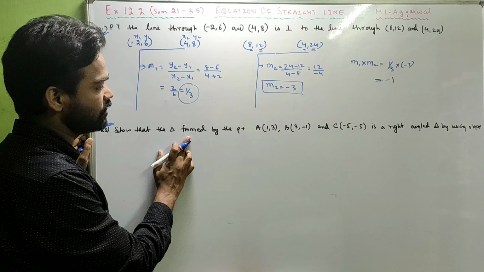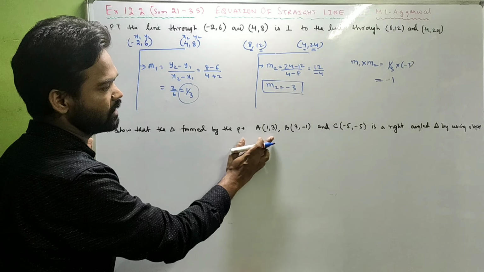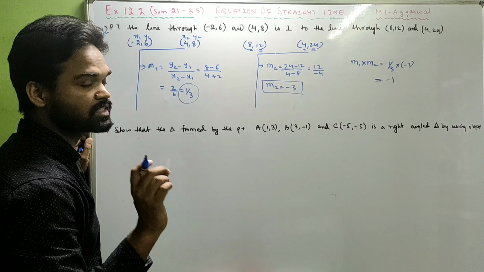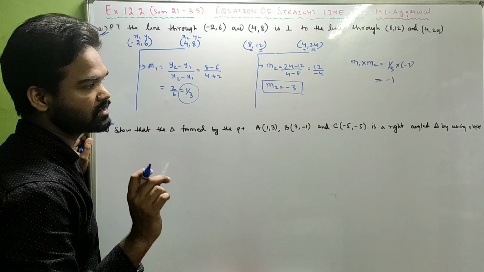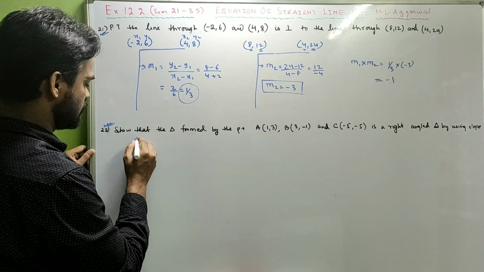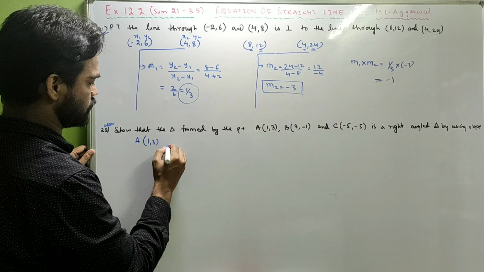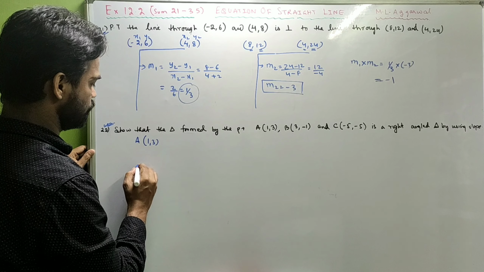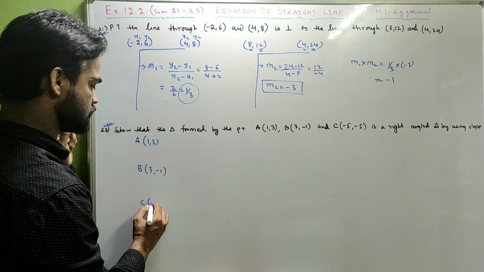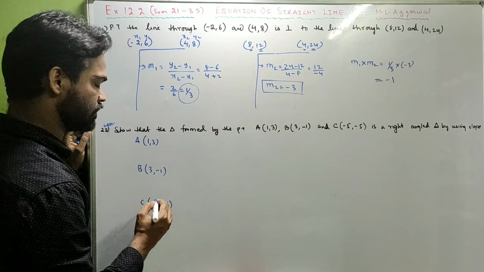Now look at sum number 22. Show that the triangle formed by the points A, B and C, where A is (1, 3), B is (3, -1), C is (-5, -5), is a right angle triangle by using slope. So your A is (1, 3), your B is (3, -1) and your C is (-5, -5).